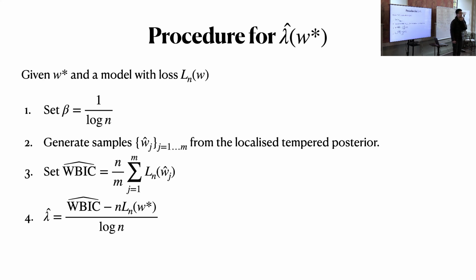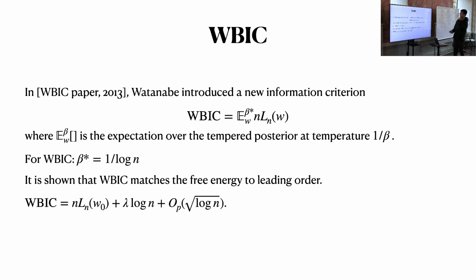Yes. Can you remind where this comes from? The WBIC is the expectation of... Why? Because WBIC is log likelihood plus lambda log n, right? So where is this expectation? The WBIC is by definition the left-hand side, which is independently defined as the expectation.